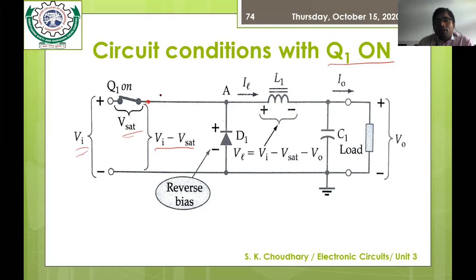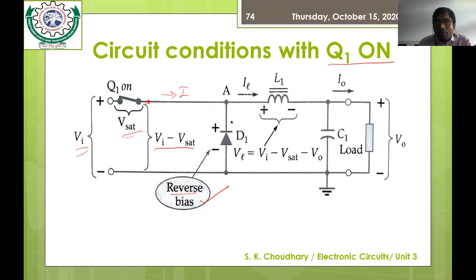Now a current starts to flow through this network, and as the positive terminal is connected to the cathode of the diode and the negative is at the anode side, the diode is in the reverse bias condition.